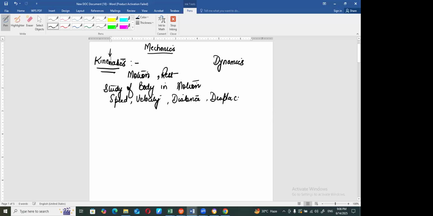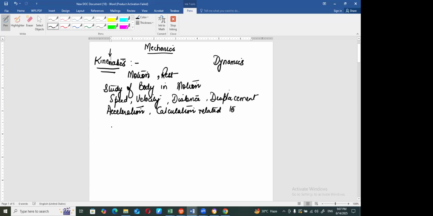Then if a body is increasing its speed or velocity, what will be its acceleration? Under kinematics, we will study all these quantities, and then we have certain formulas to find these physical quantities. So calculations related to all these quantities are also part of this section, right?